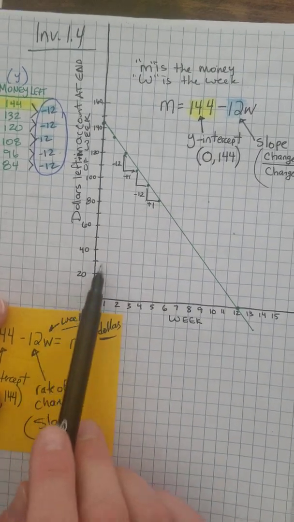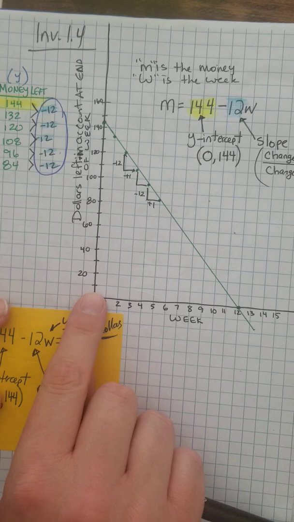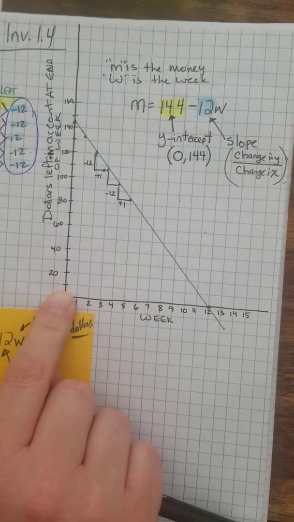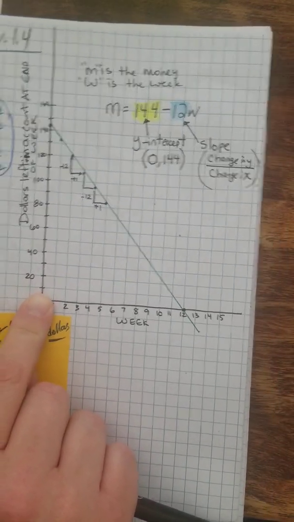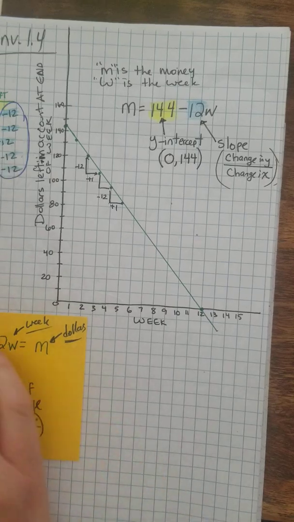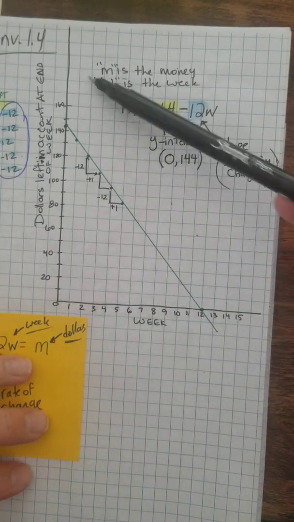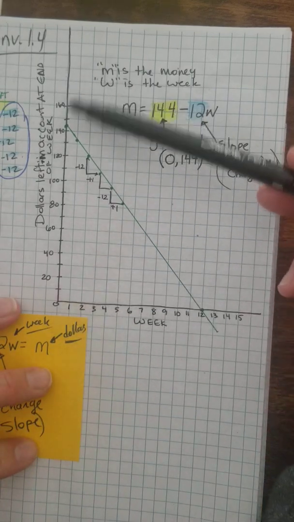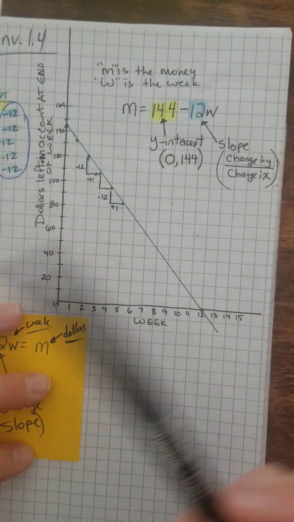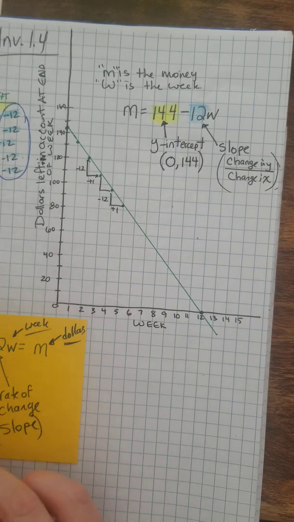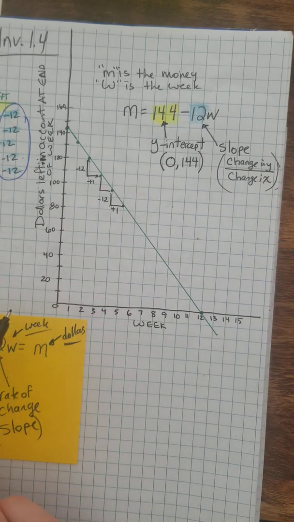Just something to note with your graphs, please make sure that you are scaling appropriately. So I know that this is decreasing by 12 each time, but it's not very common to have a scale that goes up by 12. What would have been appropriate is if you went up by 10s or if you went up by 5s, depending on how much room you had.